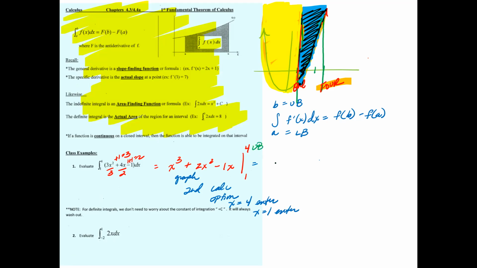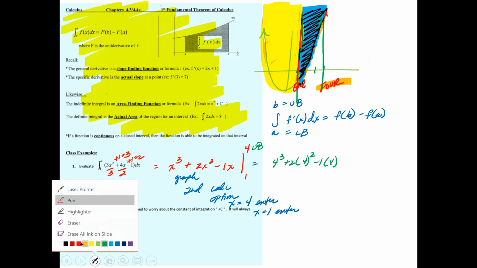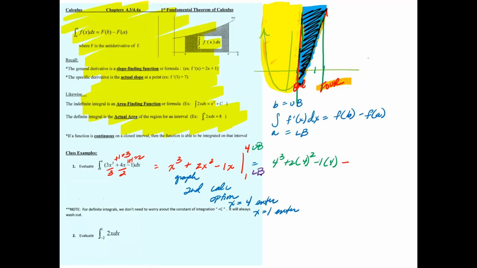So upper bound is 4 cubed plus 2 times 4 squared minus 1 times 4. So what is going to happen is I'm going to take that minus, when I plug in the lower bound, which is 1, so I'm going to have 1 cubed plus 2 times 1 squared minus 1 times 1.